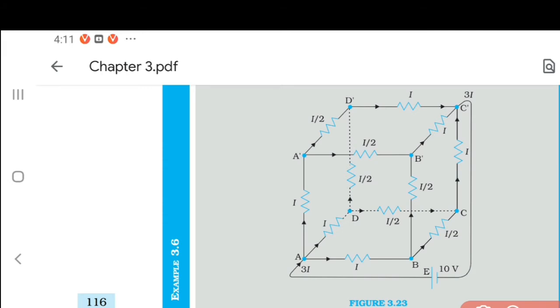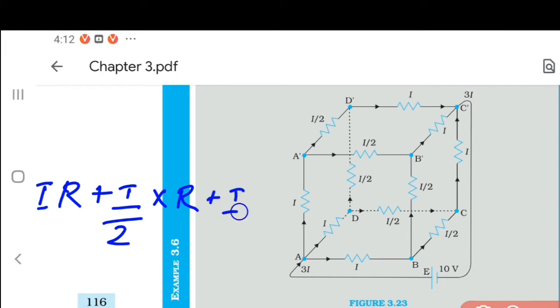Starting from A, we have the first term, that is IR, taking each resistor to be R. Then from BC it is I by 2, so plus I by 2 into R. Now the third one: the current is I, so plus I into R, and that is equal to the EMF, 10.